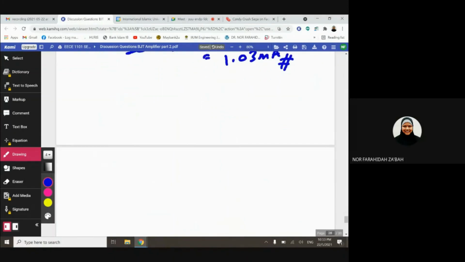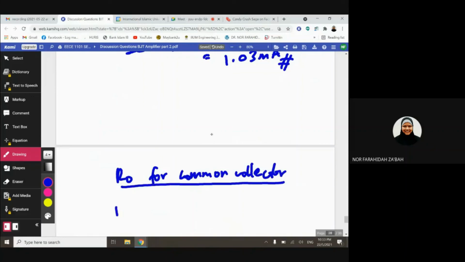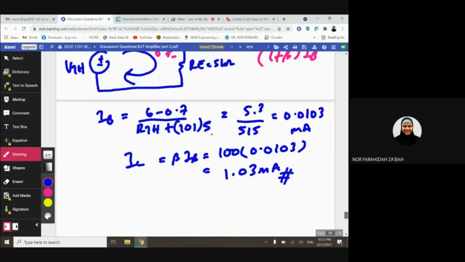And then the answer for R0 for the common collector. R0 is equivalent to R pi over 1 plus beta in parallel with RE in parallel with R0.